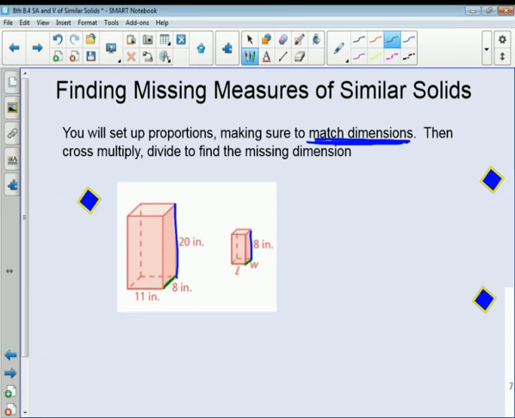Okay, so I have 20 over 8. Okay, I pulled out of the first one. That's what I'm pulling, these two. And then that's the same as 8 over W. Okay, this 8 and this W are in the same position. They're in the same position in their proportions. So 8 times 8 is 64, divided by 20 gives me 3.2. So I just found out that W equals 3.2.